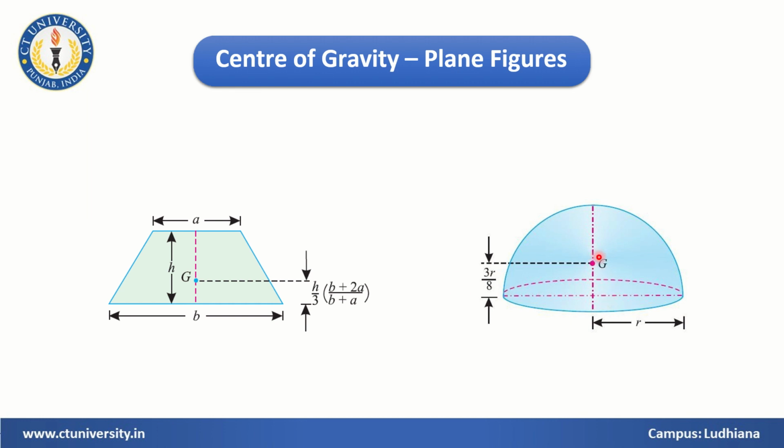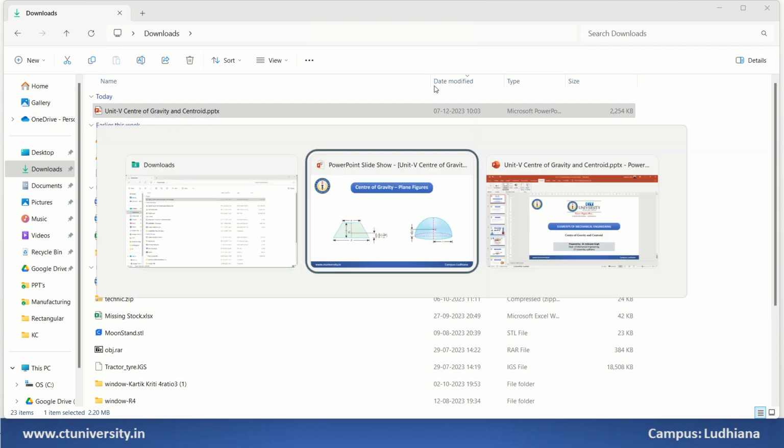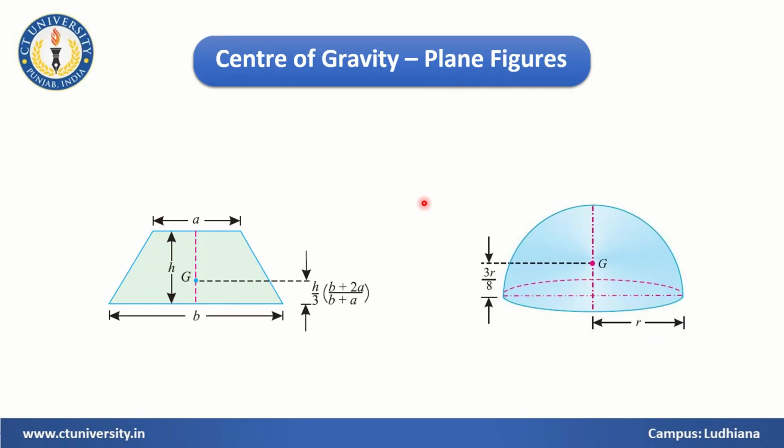R is the radius, and of course it will be lying at the center. If you talk about the other axis, it will be lying at the center. Here also, it is lying at the center of the trapezium.